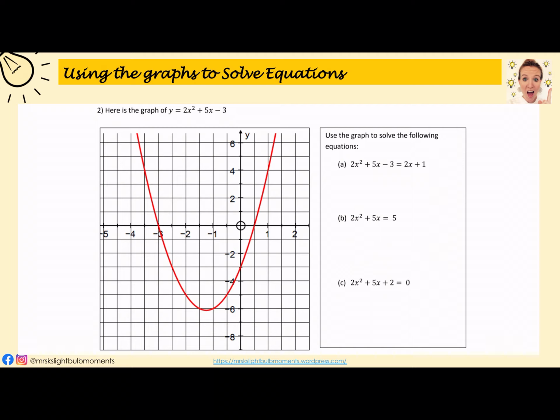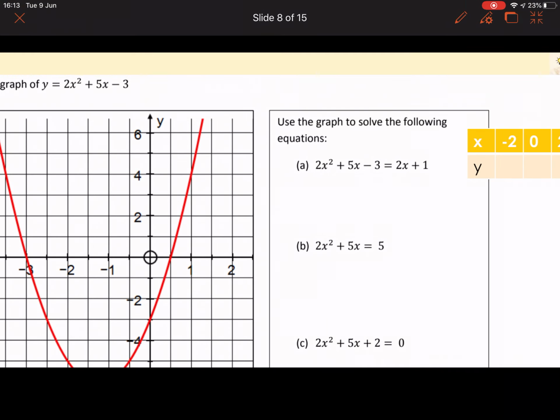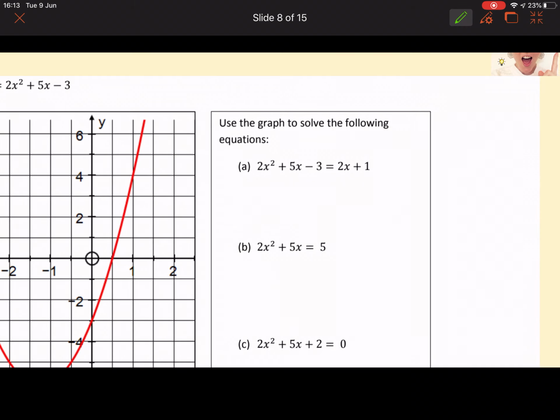So, top one, have a look first. The left-hand side is the same, but the right-hand side's a bit tricky. Just have a little look at question A and see if you'd work out what to do. So the left-hand side is the same.